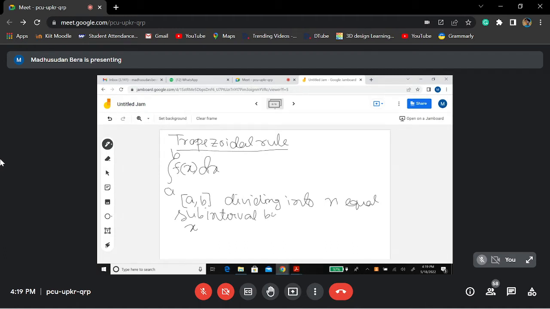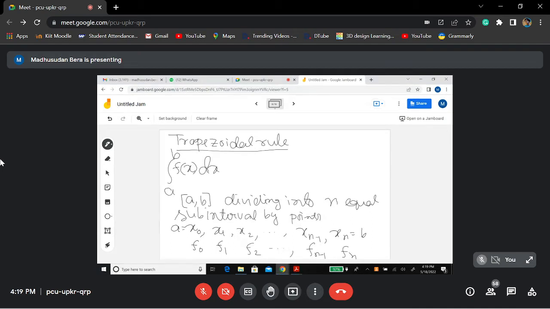Say the first point is x0, x1, x2, and last xn minus 1, and last xn is b. Suppose corresponding functional values are f0, f1, that we can calculate from the table, fn minus 1, fn.